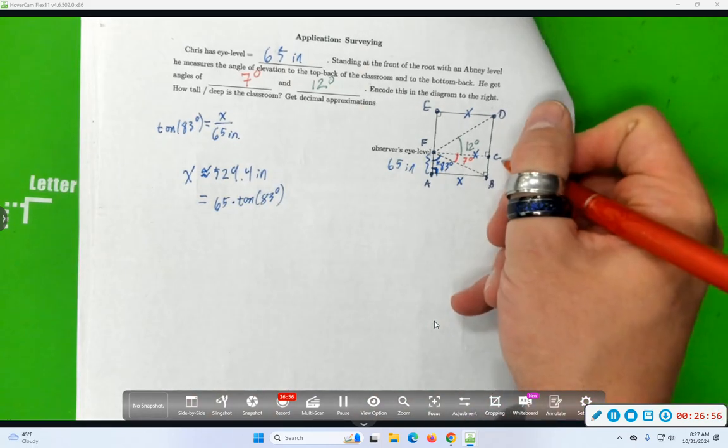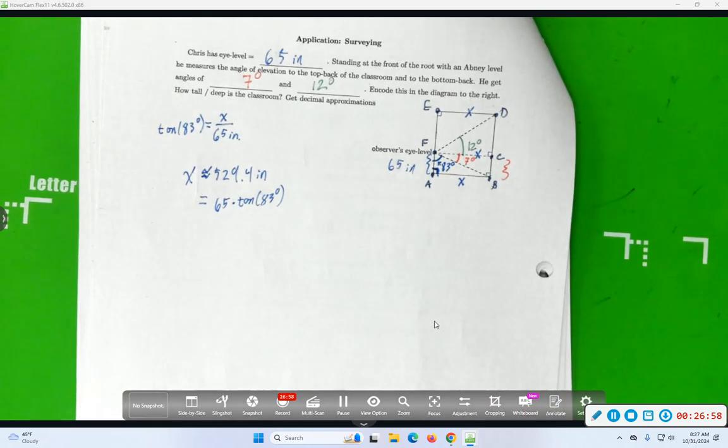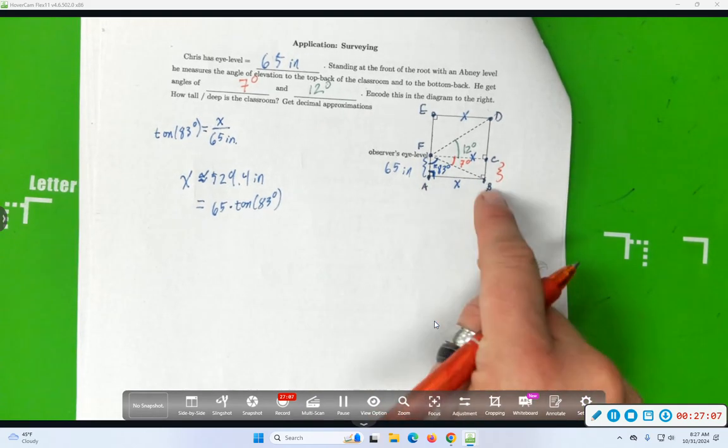Maybe I'll suggest this. What's that side length from B to C? 65 inches. Because that's a rectangle.